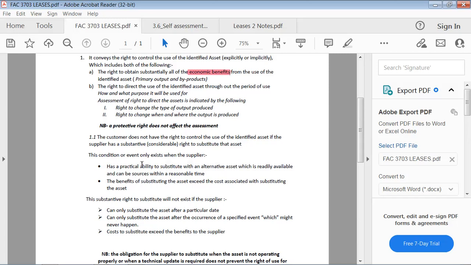The second point is that he can only substitute the asset after the occurrence of a specified event, which might never take place.